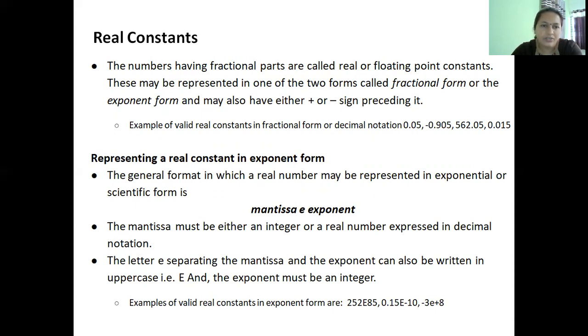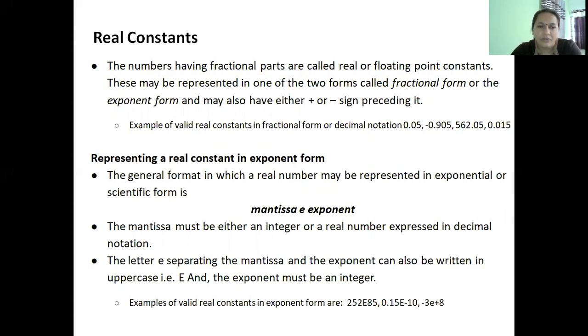And just like integer constants, even real constants can be either positive or negative. Some example valid real constants in fractional form are 0.05, minus 0.905, 562.05, 0.015. This is how we represent it in fractional form or decimal notation, which we use in general mathematics.